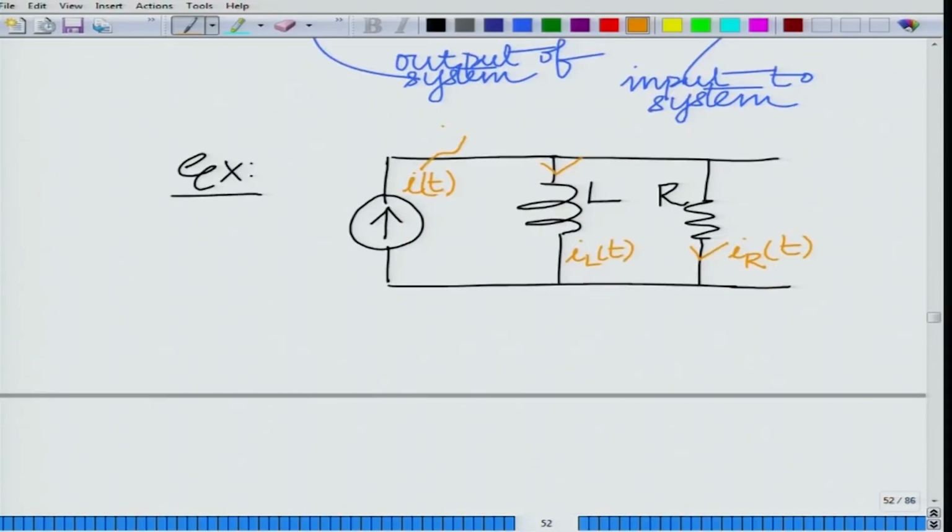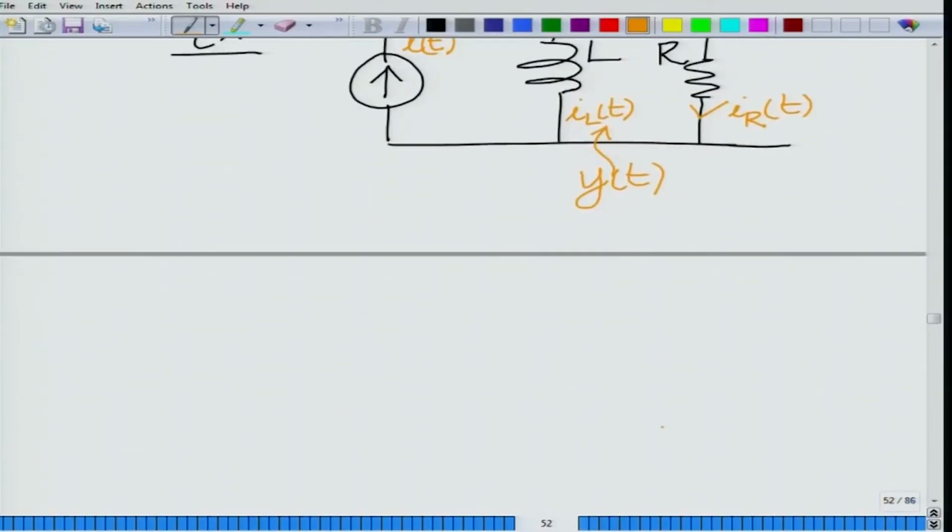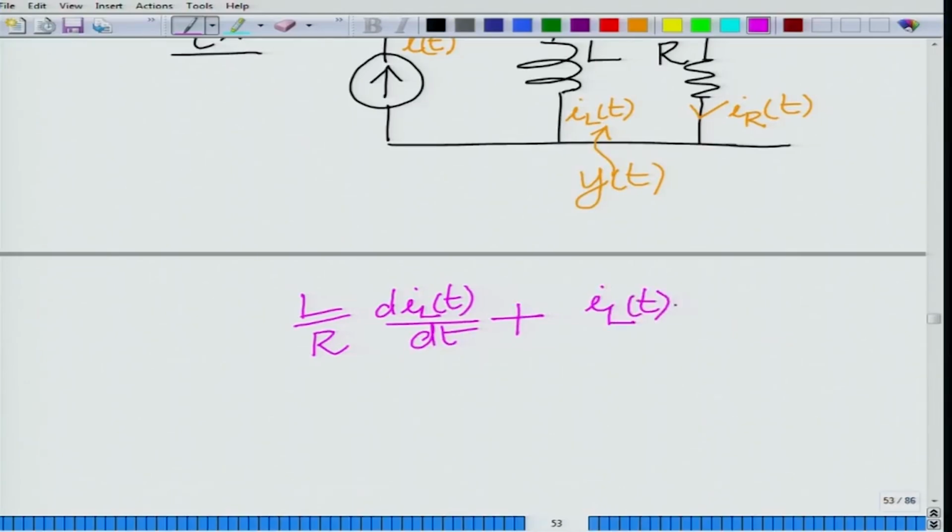And we have shown, if you denote I(t) as the input x(t) to the system, and I_L(t), the current through the inductor, as the output of the system, that this can be described by the differential equation L over R dI_L(t) over dt plus I_L(t), the current through the inductor, equals the net current of the source.